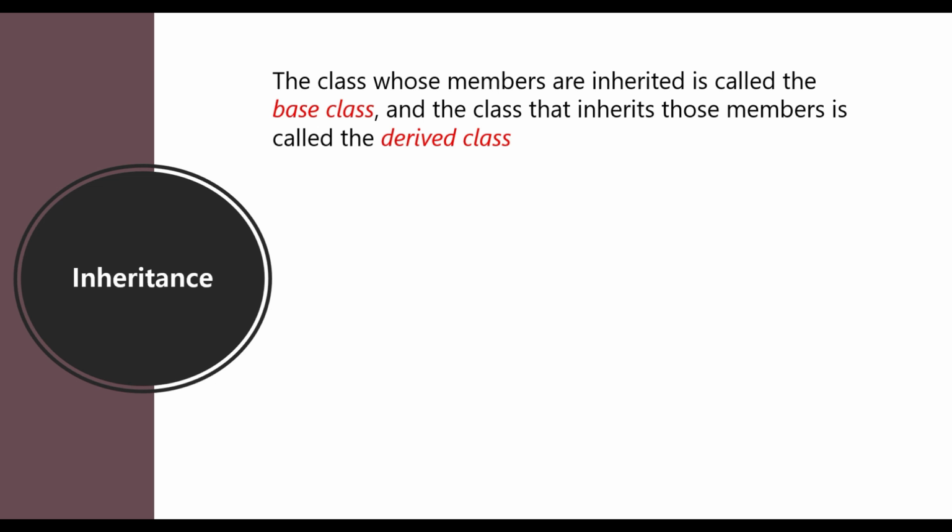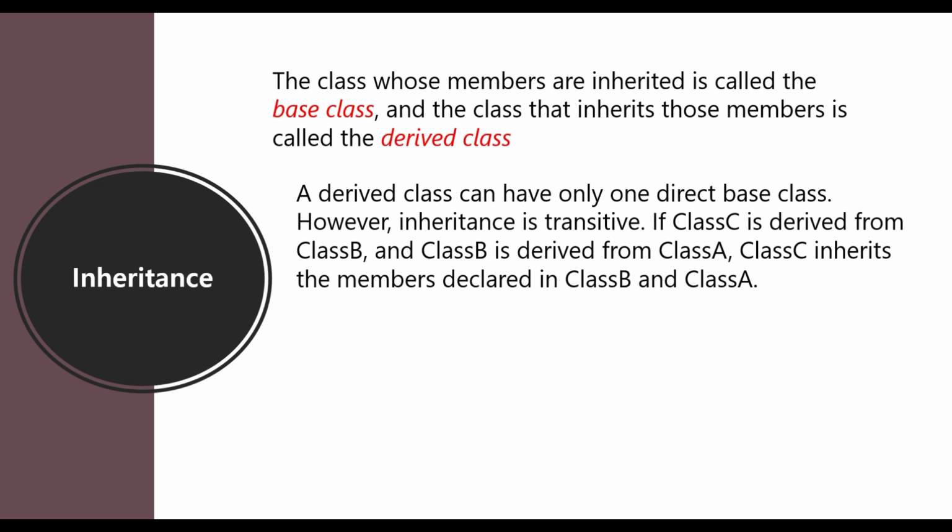Know that each time we refer to a base class, we basically think about the class from which other classes have inherited something. And when we talk about a derived class, we talk about a class that inherited something from another class. Now, a derived class can have only one direct base class. This means that a class cannot inherit at the same time from several different classes.